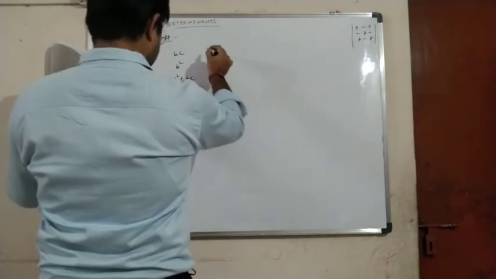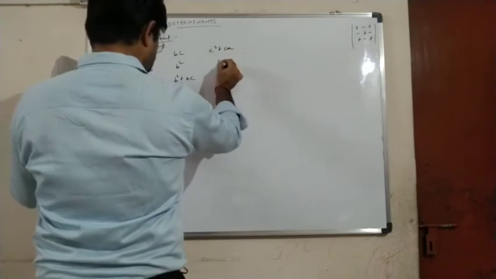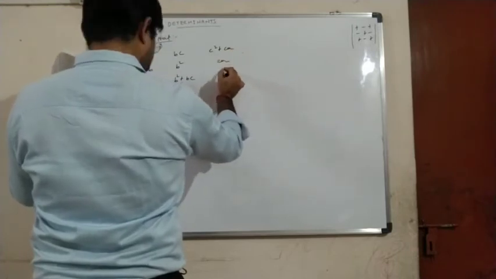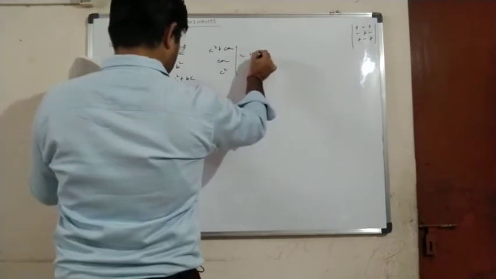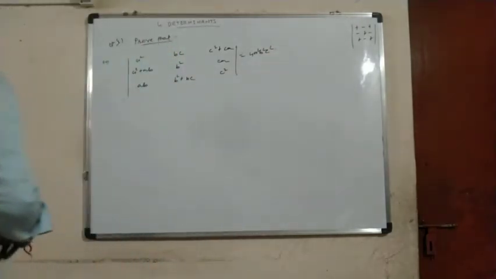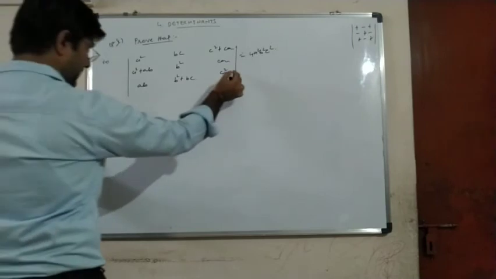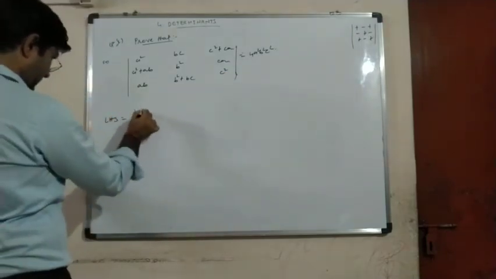Okay, again we have C square plus CA and C square equal to, we have to do 4A square B square C square. Okay, now let us take the left hand side first. LHS.